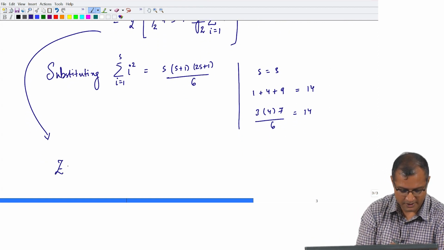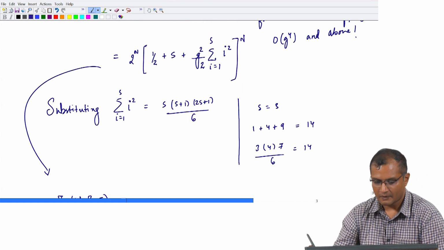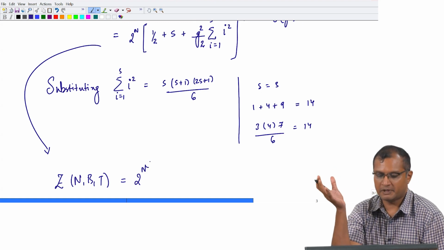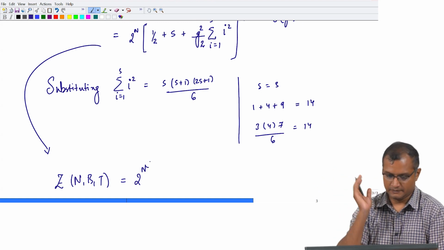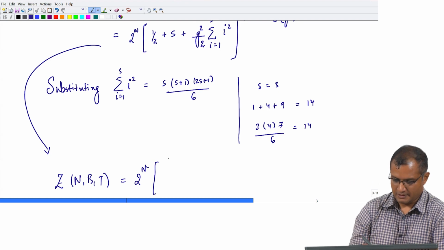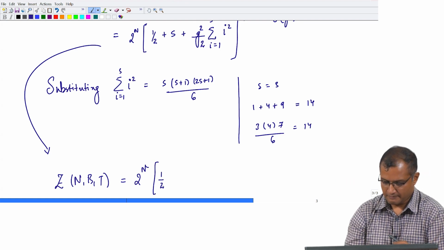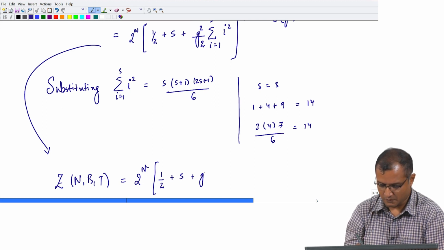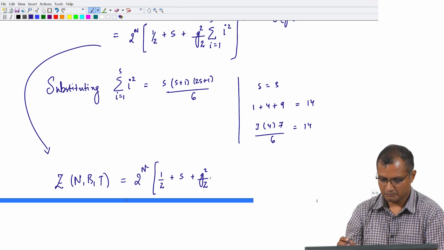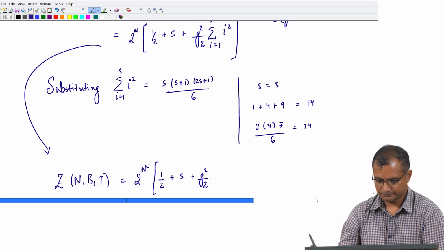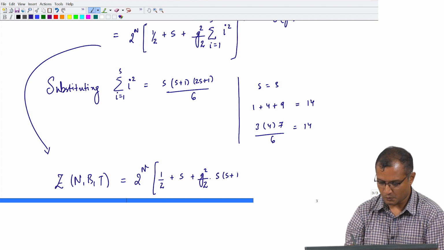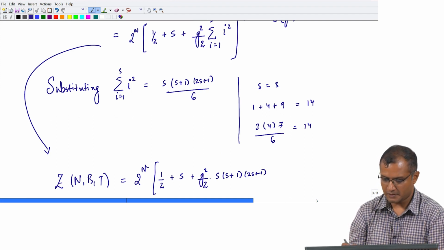So our partition function is now, and we are doing all this hard work because I want to write an approximate formula for the partition function at small field. It is 1 plus s plus g square by 2 into what I have just cooked, s into s plus 1 into 2s plus 1 by 6.